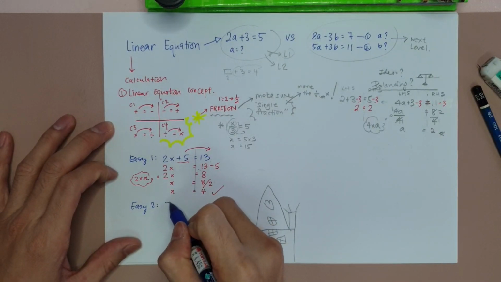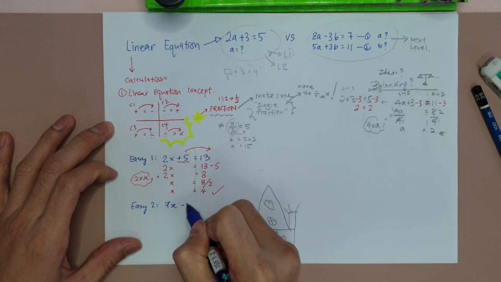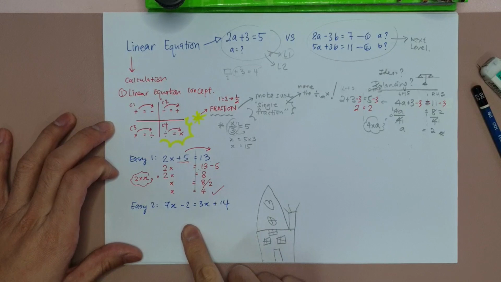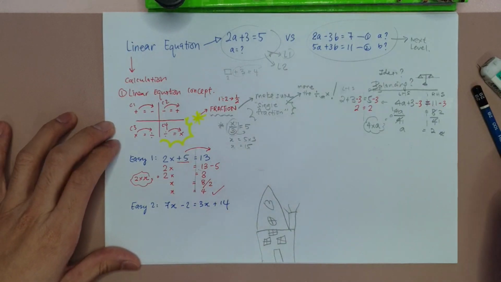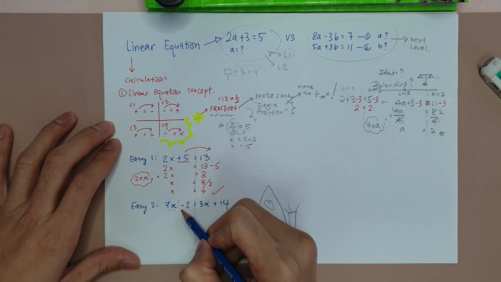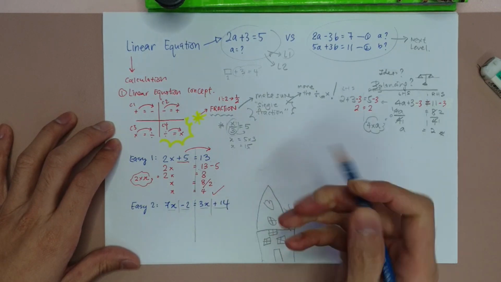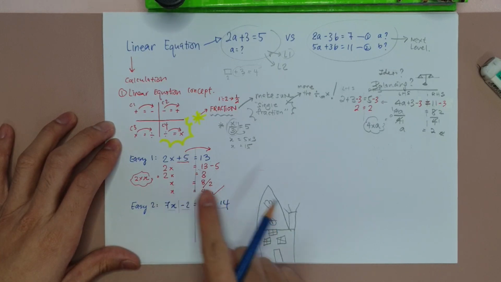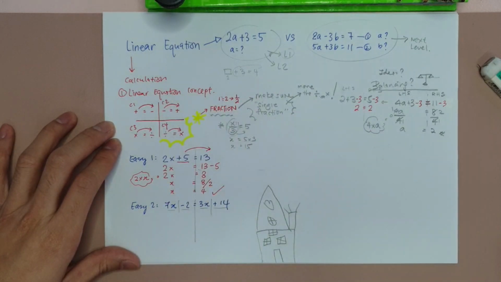Everyone, let me write the question. 7x minus 2 equals to 3x plus 14. Look at this question. Now see, equal right over here. We're going to separate the expression for each side. Can you see I separate first, second, equal in the middle. We're going to move here and there by using the concepts.